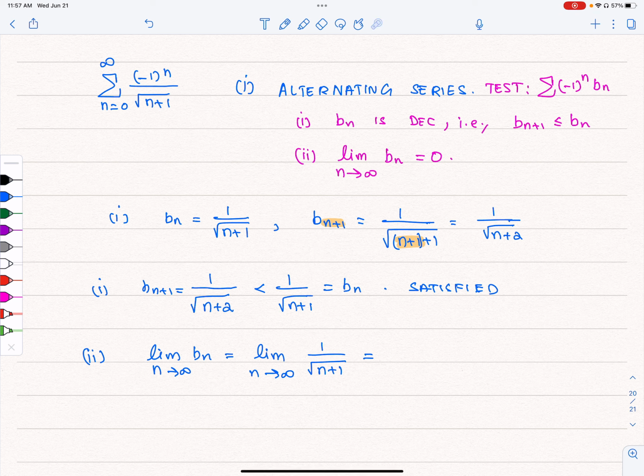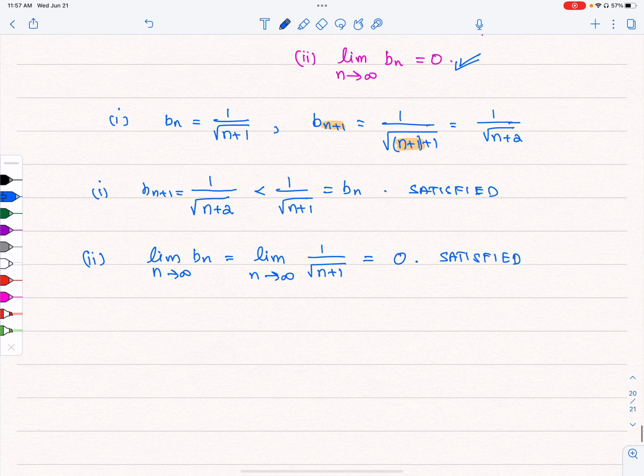As you can see, as n goes to infinity, the whole thing goes to 1 over infinity, which is 0. So the second condition is also satisfied. This also checks out.